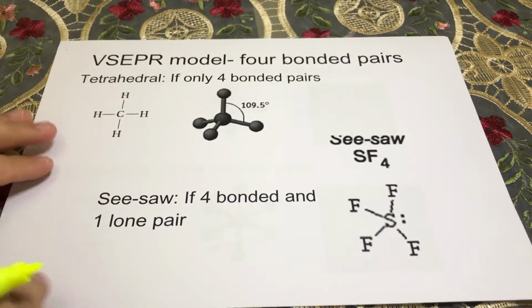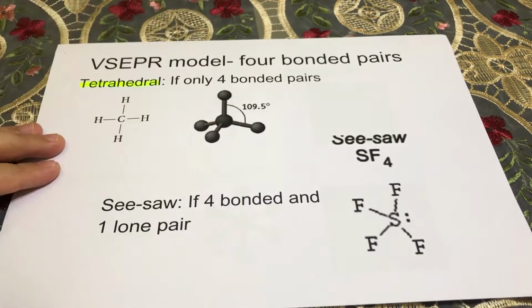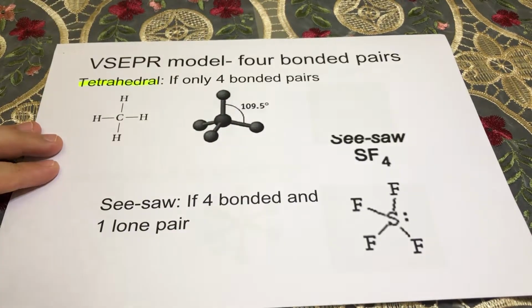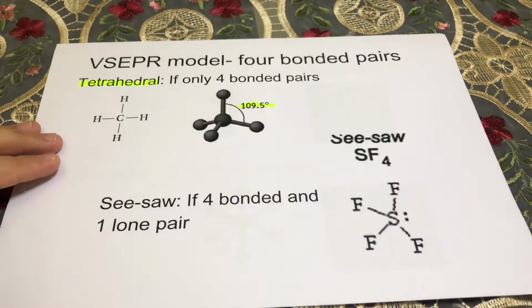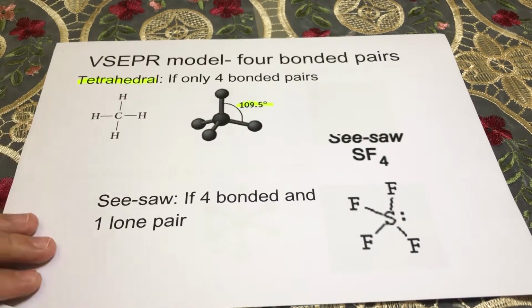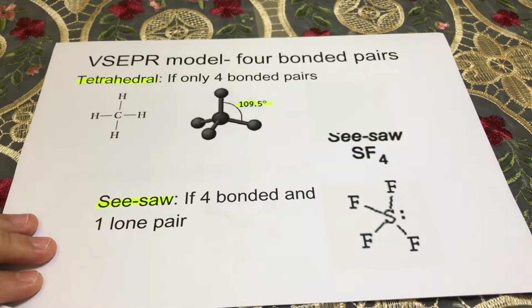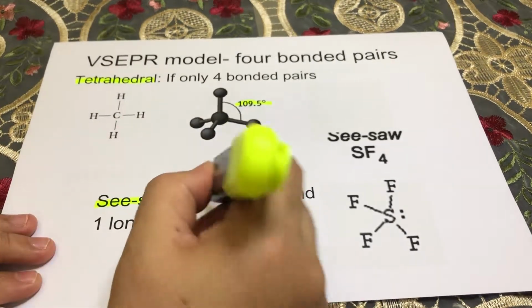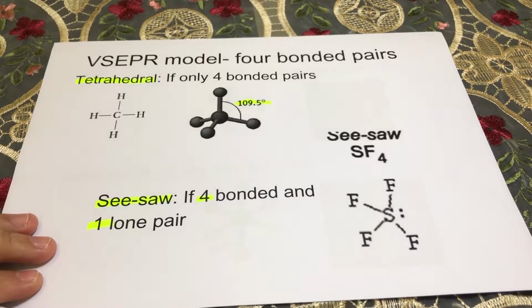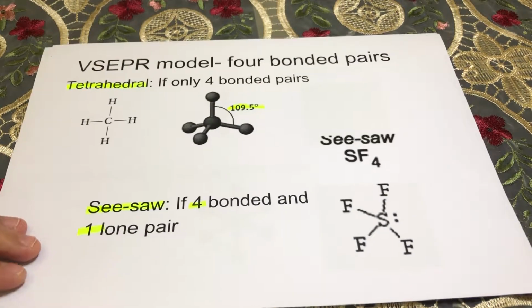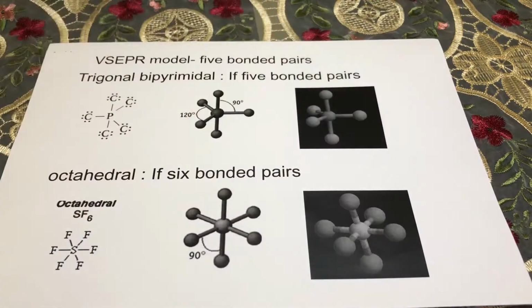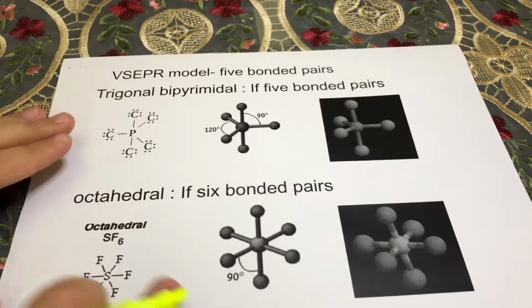If we have four bonded pairs, we call the geometry tetrahedral, like CH4, and the angle is 109.5 degrees. And we also have a geometry called seesaw, if we have four bonded pairs and one lone pair, like sulfur tetrafluoride.